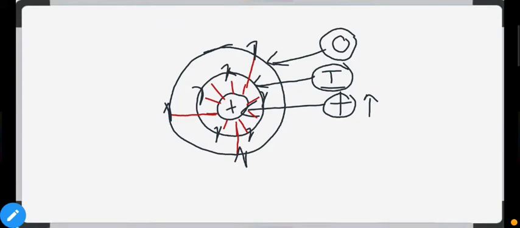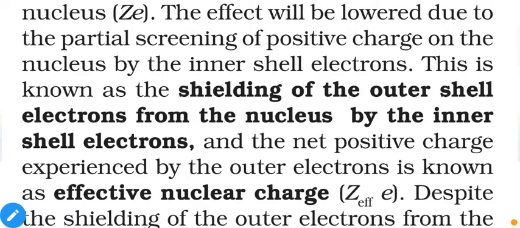Okay, so most of the attraction is already satisfied by the inner orbital electrons, and that's why the outer orbital electron feels less attraction towards the nucleus. That's why they are loosely held by the nucleus. That means inner orbital electrons are screening the positive charge of the nucleus. They are covering the positive charge of the nucleus, and that's why outer orbital electrons feel less attraction towards the nucleus.